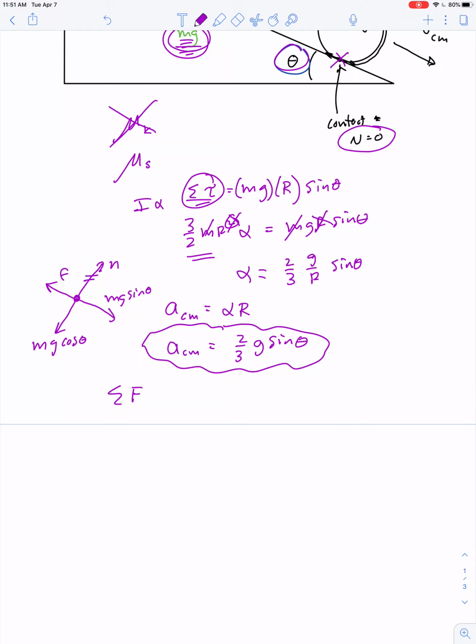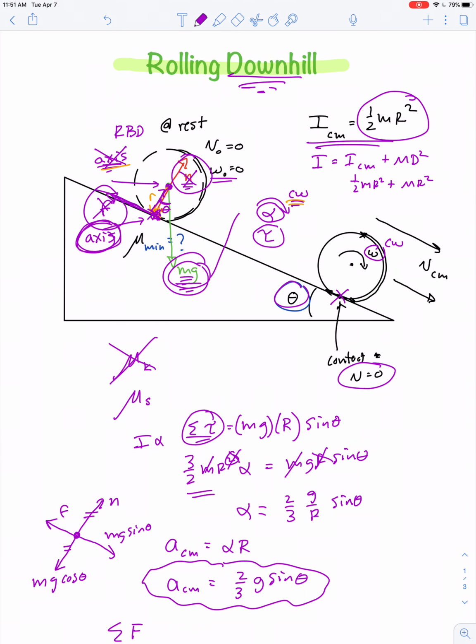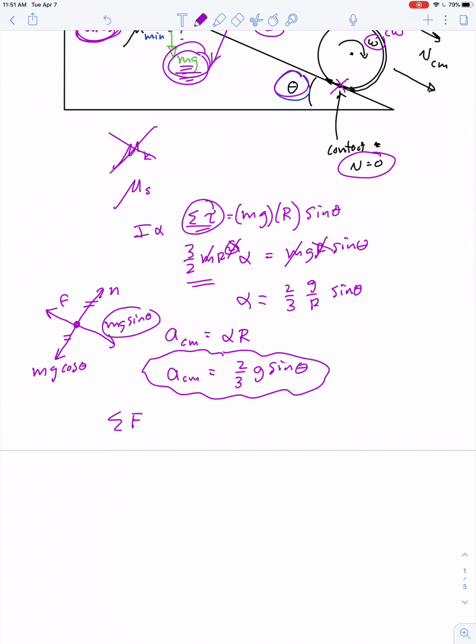Now I know that normal force and mg cosine theta are equal because there's no acceleration of the object along the y-axis. In fact, there's only acceleration down the incline in the positive x-axis, which means mg sine theta has to be greater in magnitude than the friction force for it to accelerate down the hill.